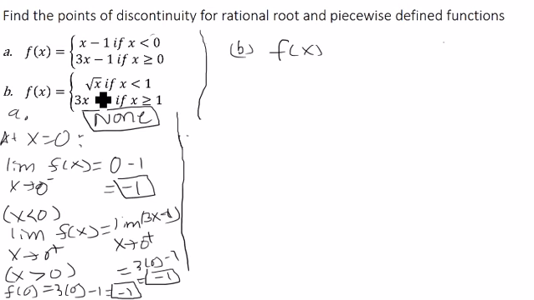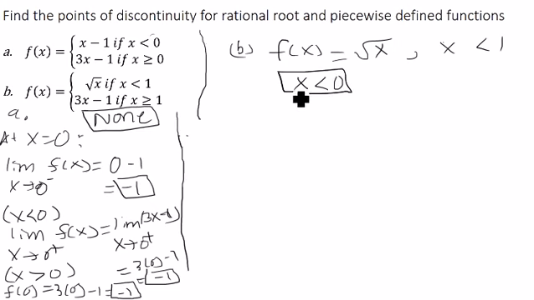Now the square root cannot have a negative quantity inside the radical. We already know this function cannot have values of x less than 0. So that's already one answer from the first branch.